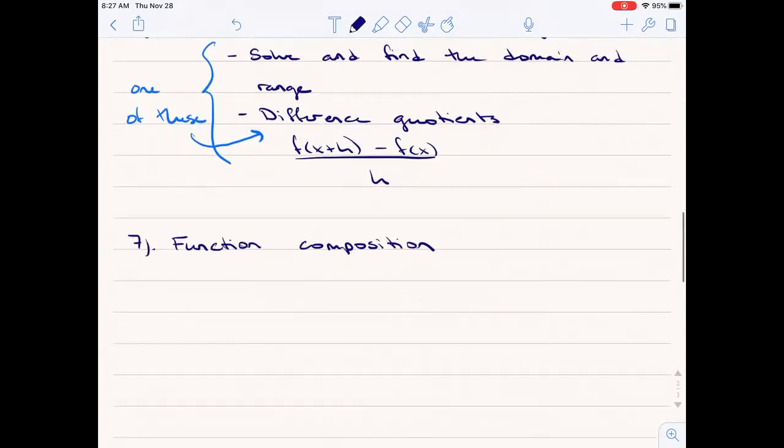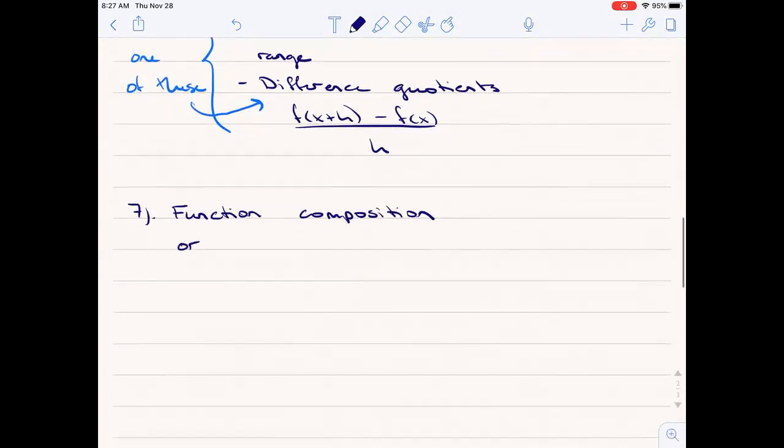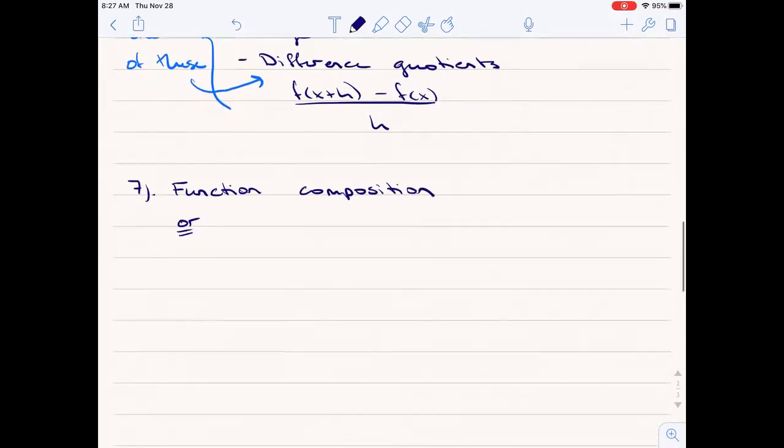Function composition, right? Or kind of more elaborate inverse functions. Inverse functions, so we have to test if it's 1-to-1. And then we confirm that it's the inverse using function composition, right?